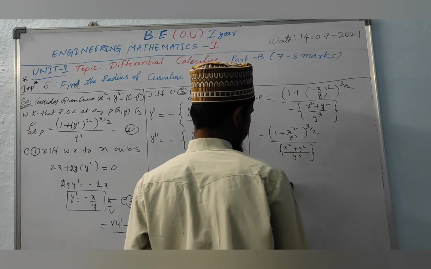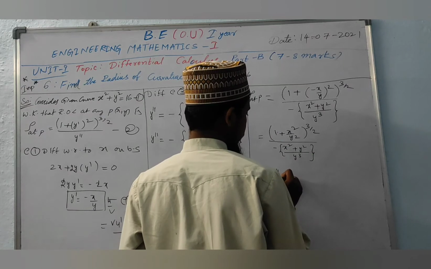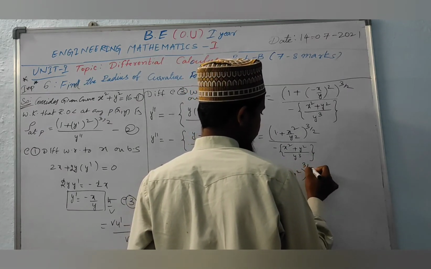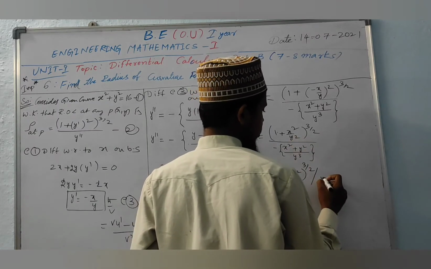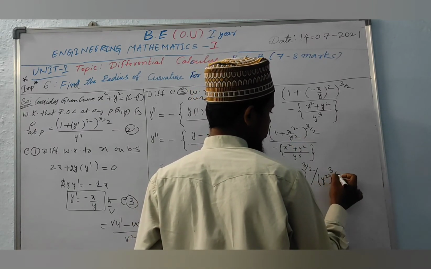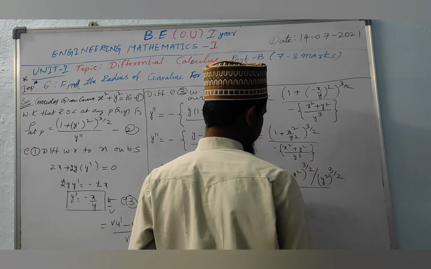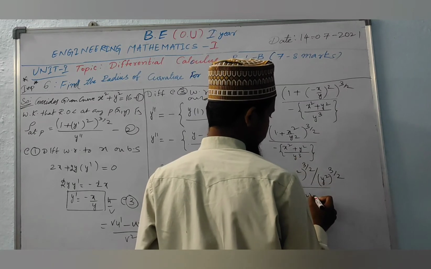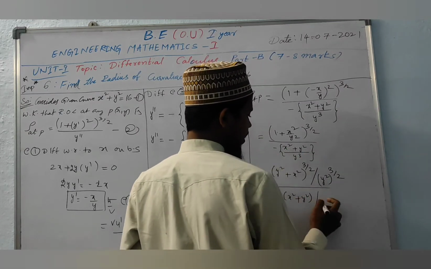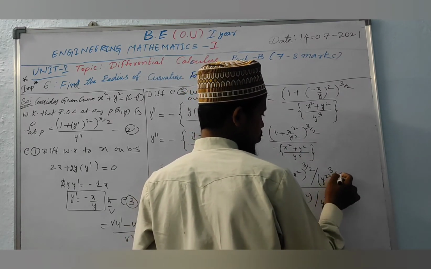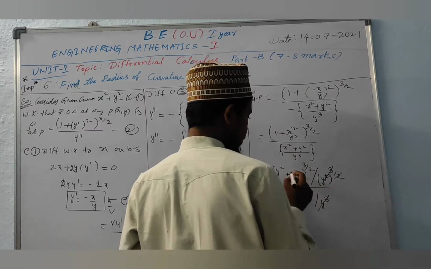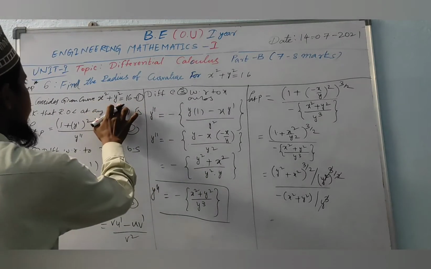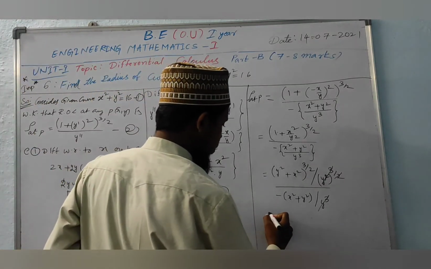Now take the LCM: (y² + x²)^(3/2) by (y²)^(3/2), divided by minus (x² + y²) by y³. The 2 cancels and y³ cancels. We know that x² + y² is 16 from equation 1.